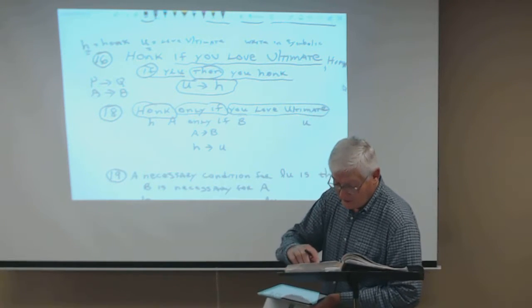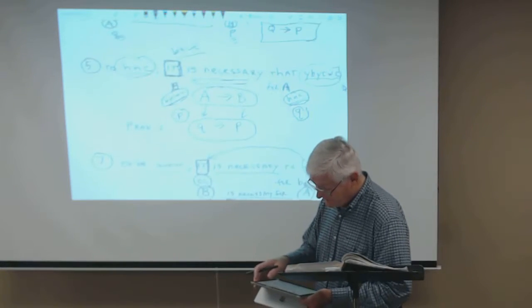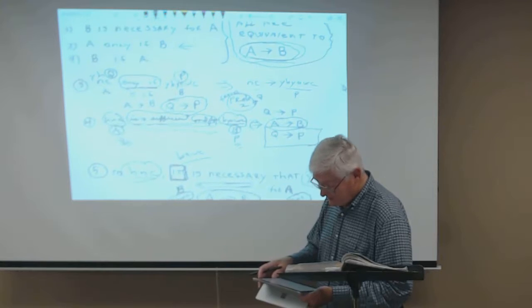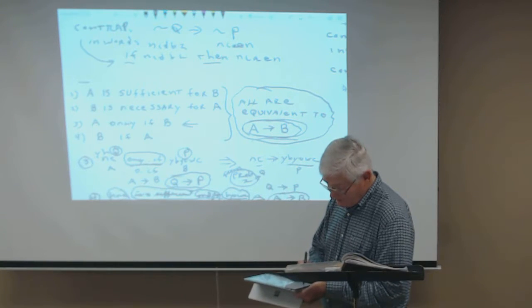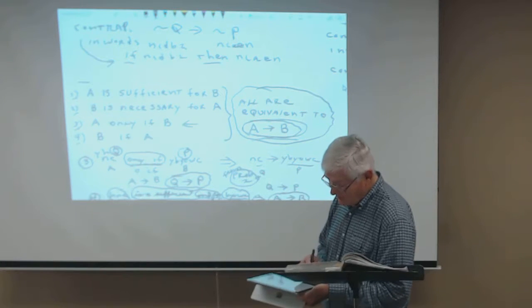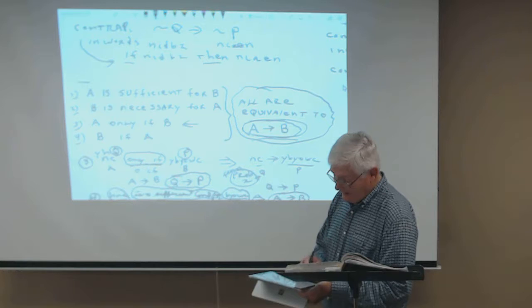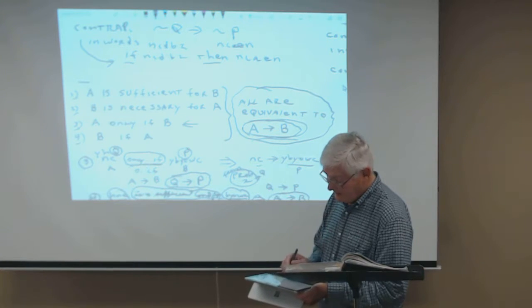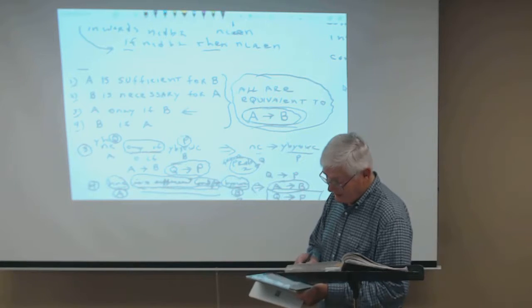Now I go back to my chart that I have up here. Whoa, where is it? There it is. Which one, 1, 2, 3, or 4? Which one is only if? 3. So A only if B is equivalent to if A then B. Maybe let's just do it a piece at a time. So A only if B.